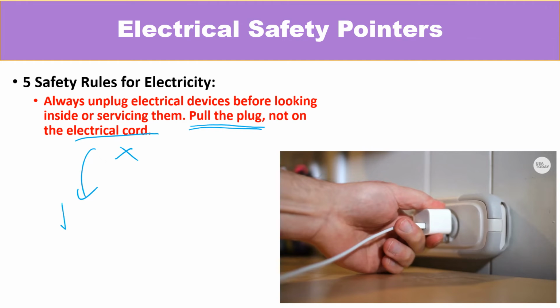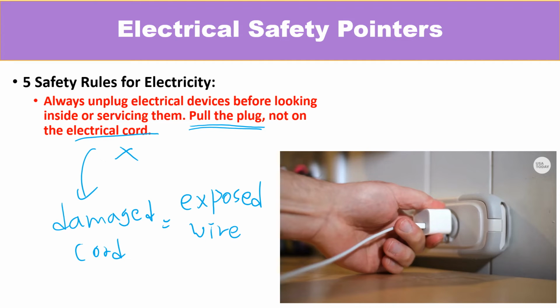The cord can be damaged, and like I mentioned, a damaged cord means exposed wire, which is also equal to a short circuit problem. Your body can become a circuit because our body has sweat glands and body oil that is possibly conducting a little bit too, a bunch of ion solutions, so you will get zapped.